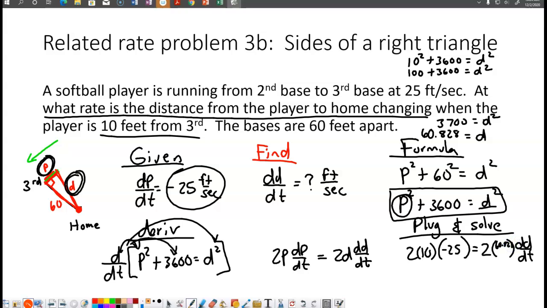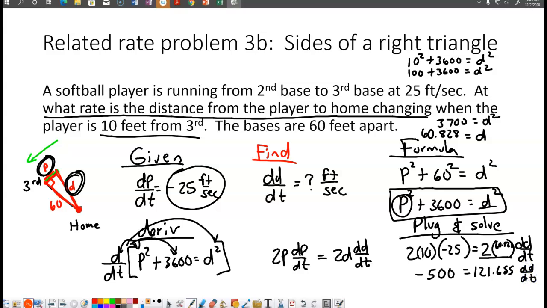All right. So what do we have? Negative 250 times 2 is negative 500. Multiplying 2 times 60.828, I get 121.655.